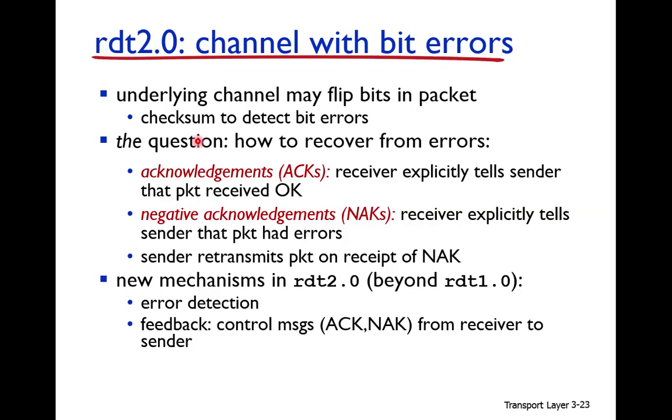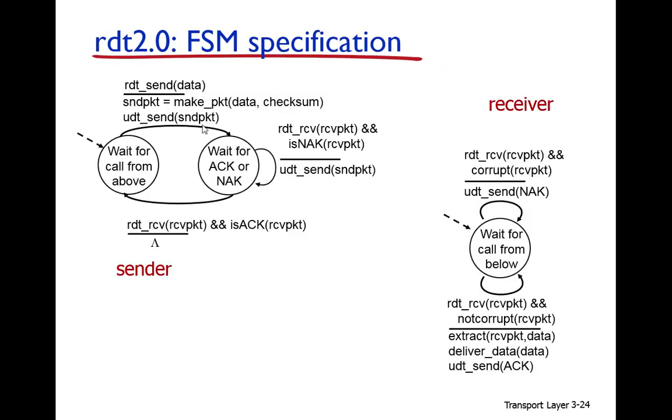By using the checksum mechanism. So the sender makes the packet, computes the checksum, and then sends the data packet. But note that one copy of the packet, the sent packet, is stored at the sender side and one copy is sent to the receiver.